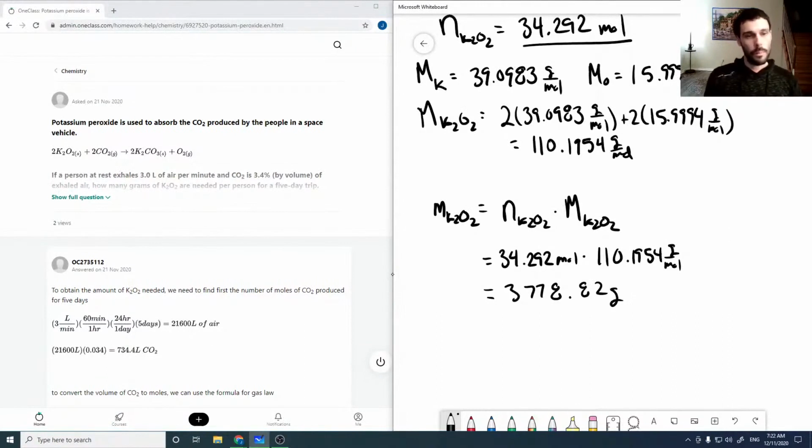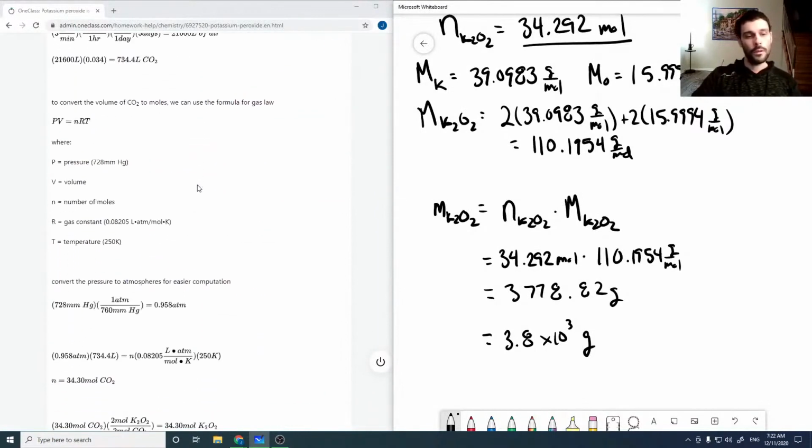Or we're given 2 significant figures on our production of air, and so that would just be 3.8 times 10 to the 3 grams. And so that would be our mass of potassium peroxide in grams.